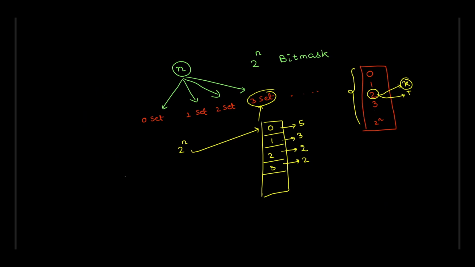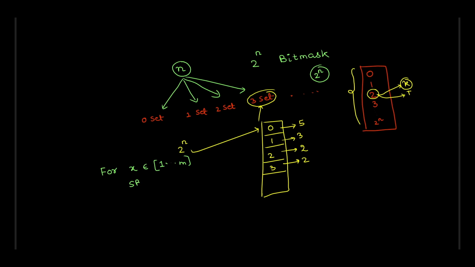Now you can see that this time you only have to iterate over x from 1 to m, and now you don't really have to iterate over all the 2 to the power n bit masks because some of them are identical. So you just have to iterate over the set bit count.